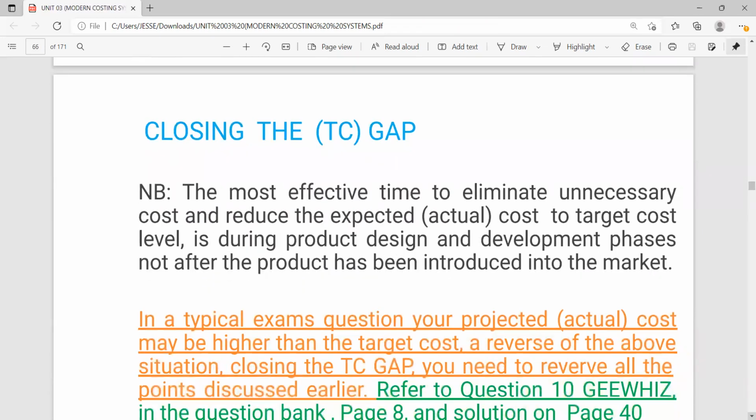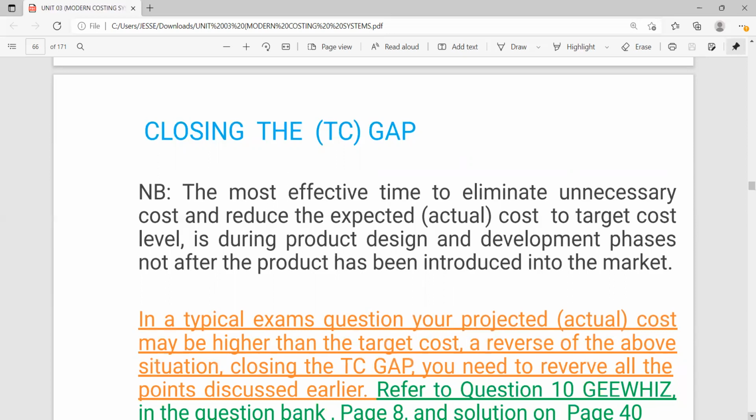Note, the most effective time to eliminate unnecessary costs and reduce the expected costs to target cost level is during the product design and development phase, not after the product has been introduced into the market. It's very important.